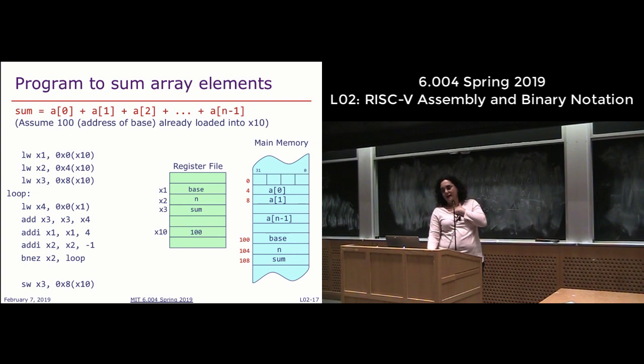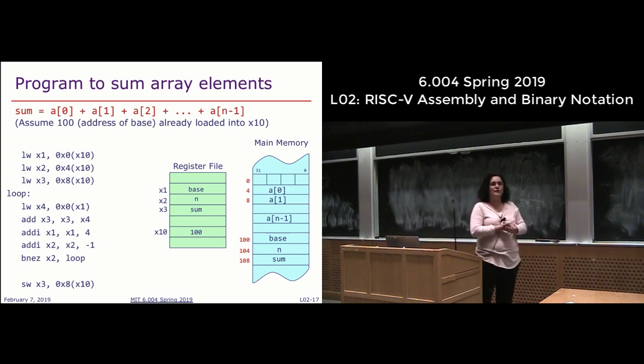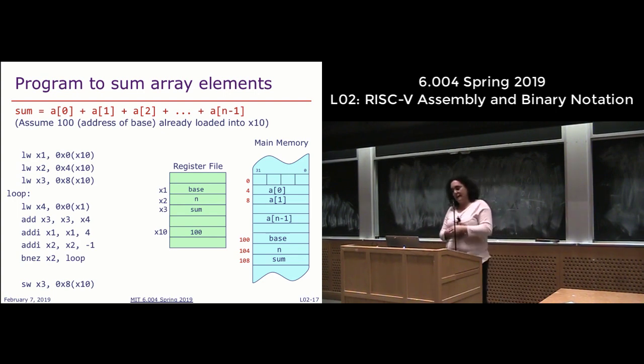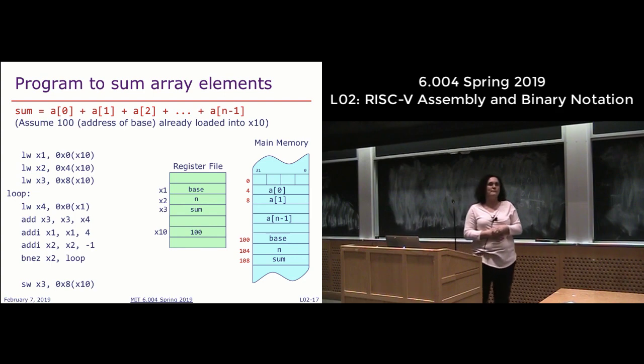So I'm fetching the contents of x10 plus this constant. So that's 100. And so that's going to tell me go to memory at location 100 and bring that into register x1. Okay? So that takes care of bringing base into here. Similarly, I have two more load instructions, which are going to bring my n and my sum from memory into my registers.